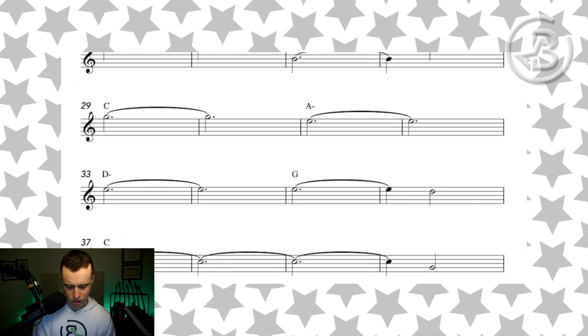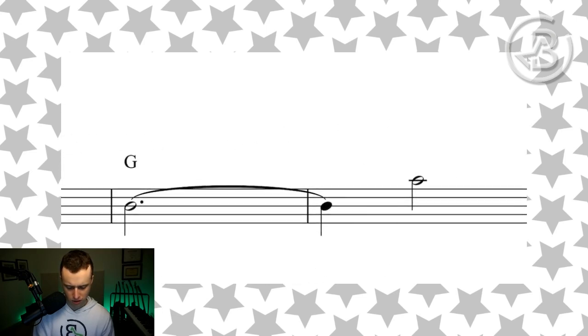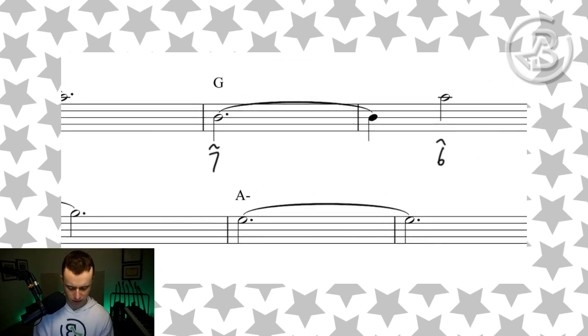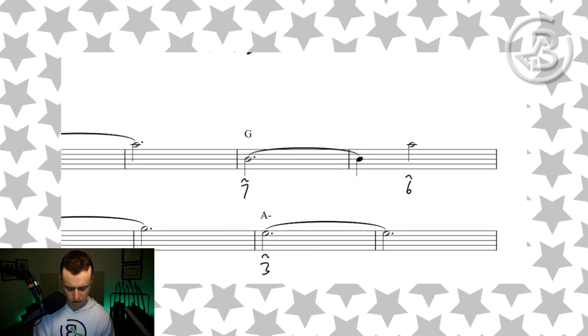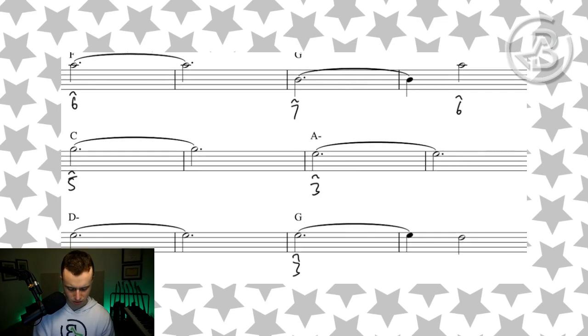Here we go on page 2, starting measure 25. 6. Ooh, 7. 6 up an octave. 5. Well, not up an octave from the last time I was there, but hey, that's okay. 3. Oh, that's 3 again. 2. Back to 1.